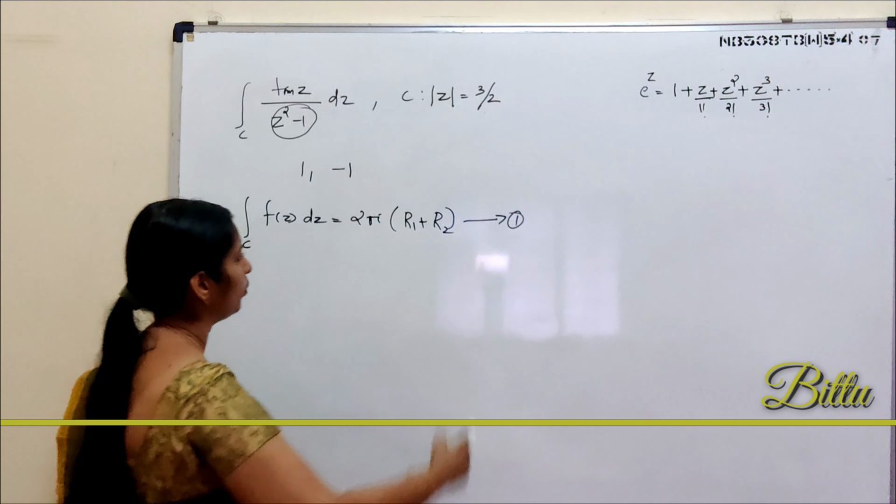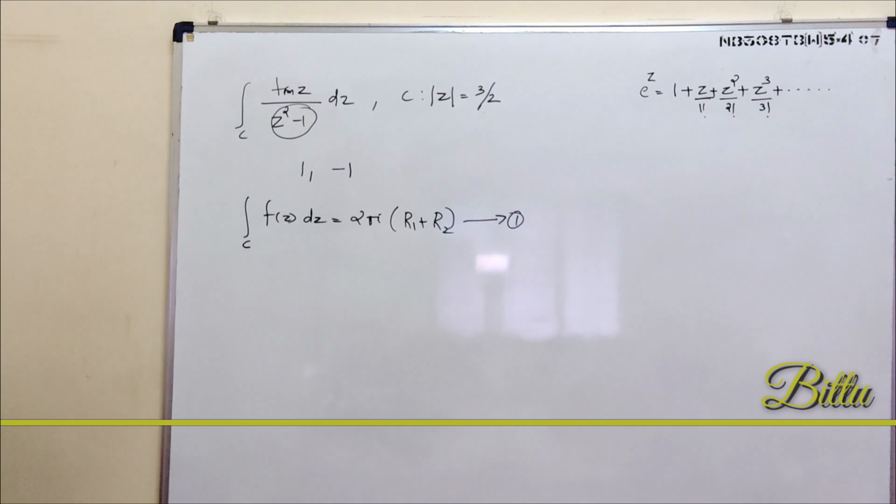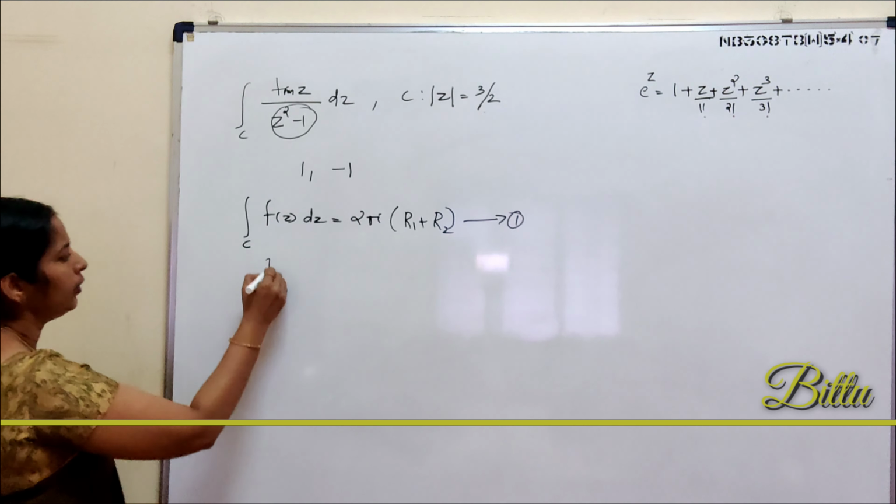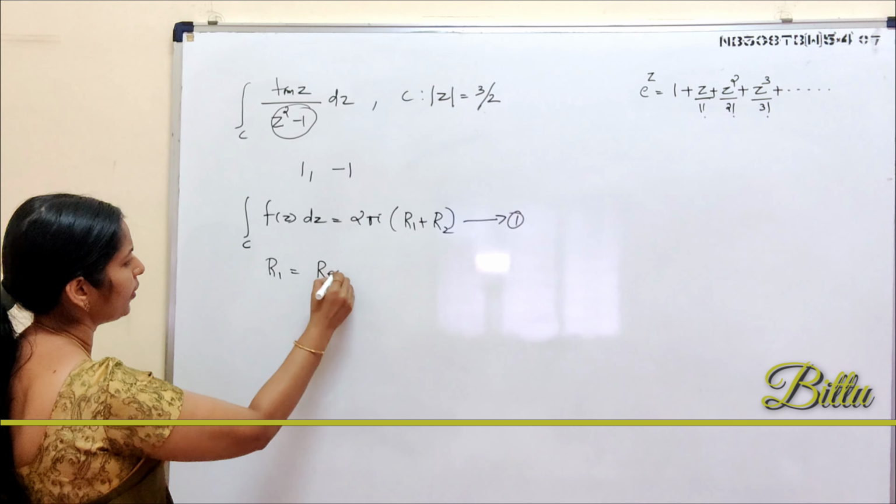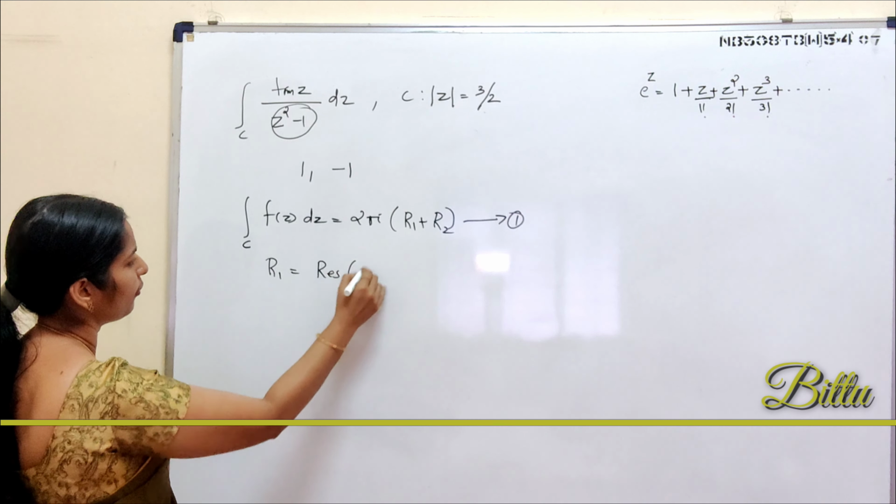That is equation number 1. It's a previous university question. Suppose R1 is the residue of f at 1 and R2 is the residue of f at minus 1. Now f z can be factorized in the form tan z by z minus 1 into z plus 1.